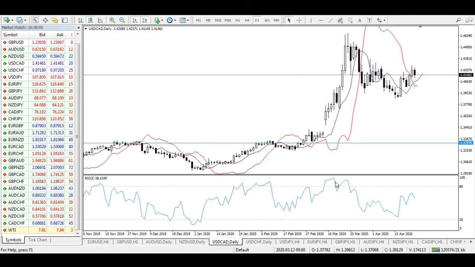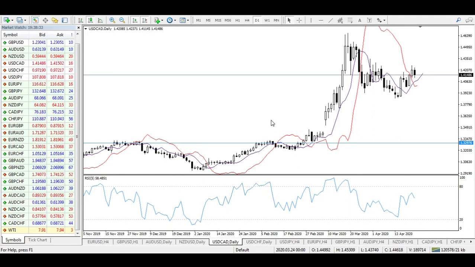If you look at the RSI, from where it was correcting to the downside, this was an upward correction, and again I think there will be another leg down. So the Canadian dollar is looking stronger than the US dollar, so selling euro versus Canadian dollar will be an even better idea than selling euro versus US dollar. So the plan is now to sell euro CAD.